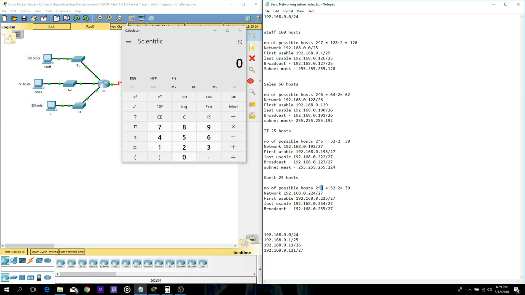Again, 32 minus 5 gives us a slash notation of 27. Our first usable host will be 1 up from our network, so it'll be 225. Our last usable host, if you add 30 to the network, will be 254. And then our broadcast will be 255.